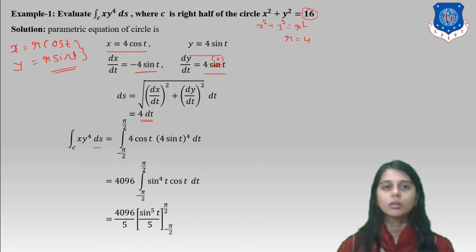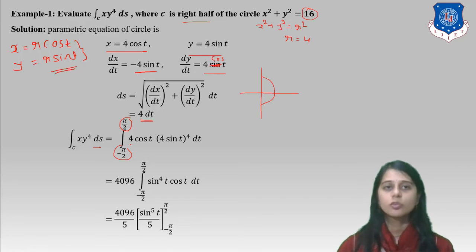What is the limit? Minus pi by 2 to pi by 2, because it is the right half of the circle.